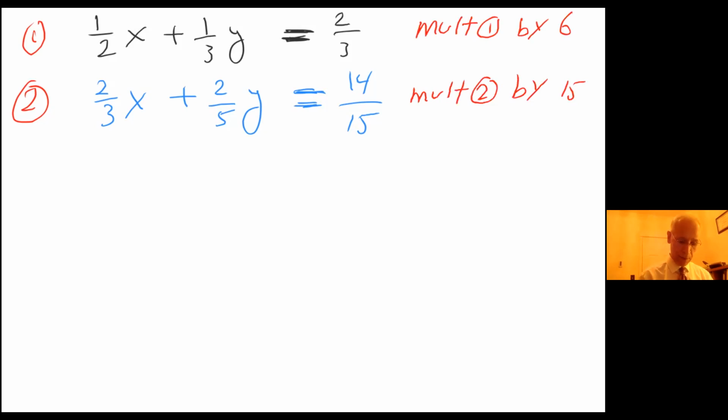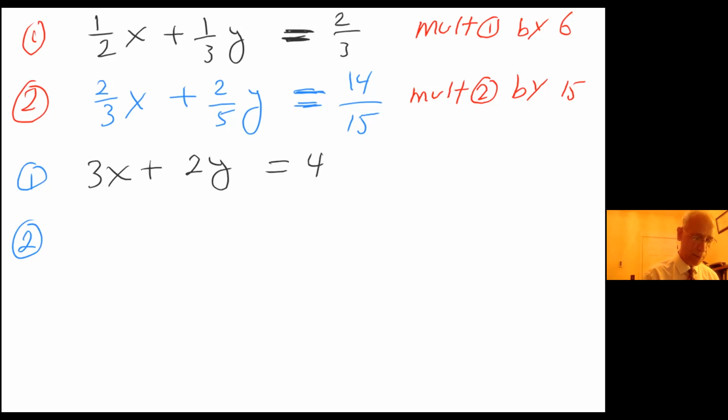Okay, and so now my equation 1 and 2 is going to change. 1/2 x times 6 gives me 3x, plus 1/3 y times 6 is 2y, equals 2/3 times 6 gives me 4.